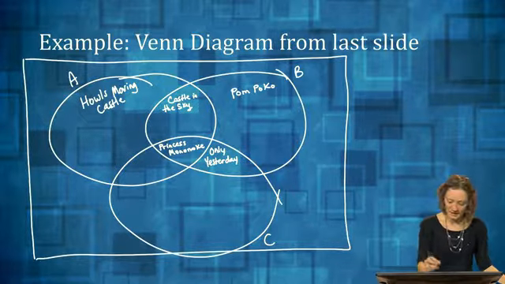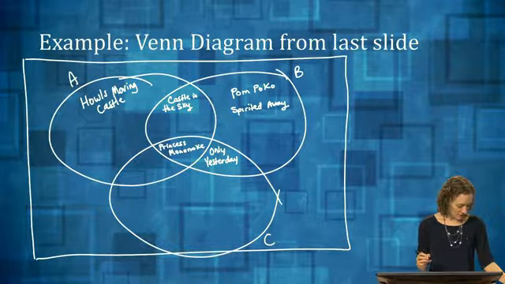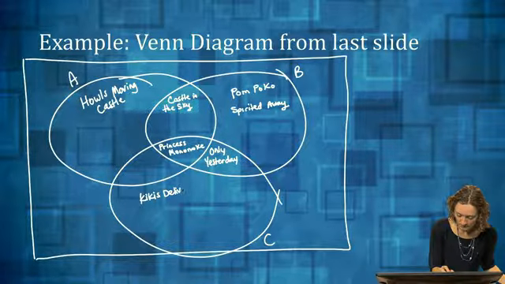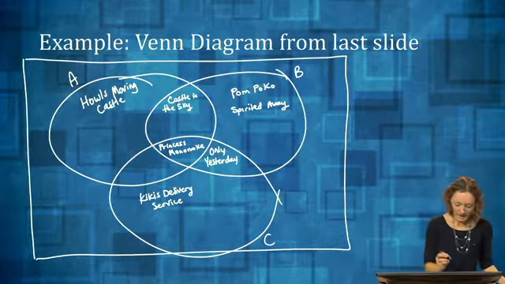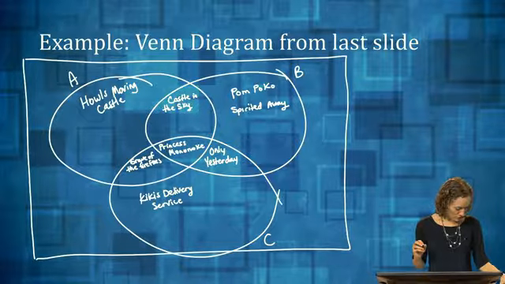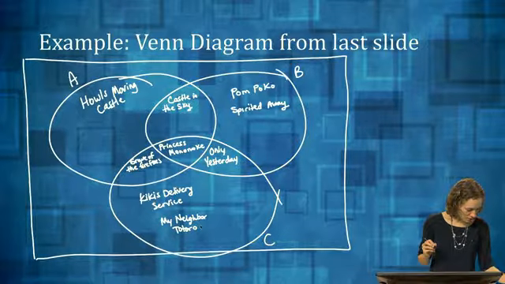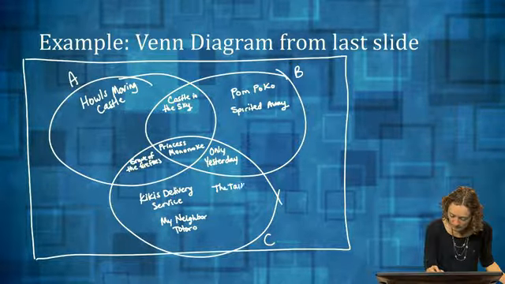Spirited Away, we have in, again, only set B. Kiki's Delivery Service, looks like only in set C. Grave of the Fireflies is in set A and C. We have My Neighbor Totoro is in just C. The Tale of the Princess Kaguya is in only C. Oops, Tale.